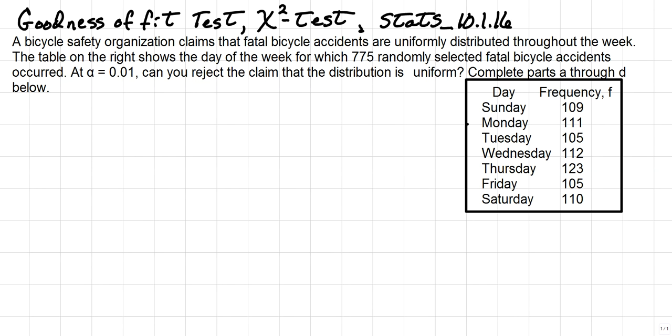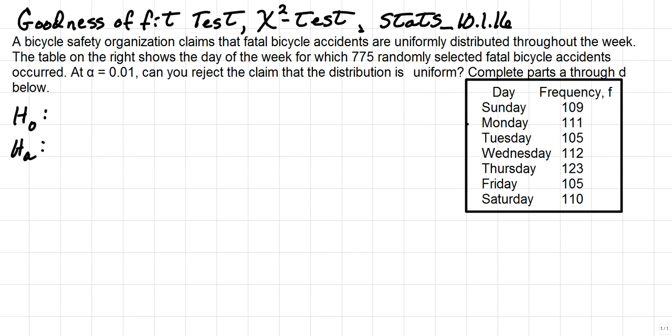Alright, the first thing we need to do is state the null hypothesis and the alternate. Remember that the null is always a statement of equality, and in this case the organization claims that fatal bicycle accidents are uniformly distributed through the week.